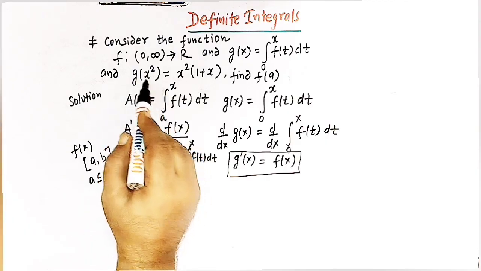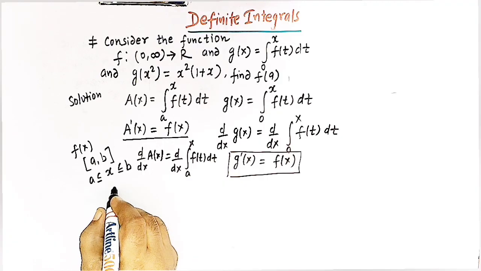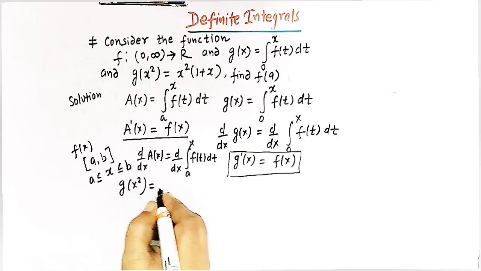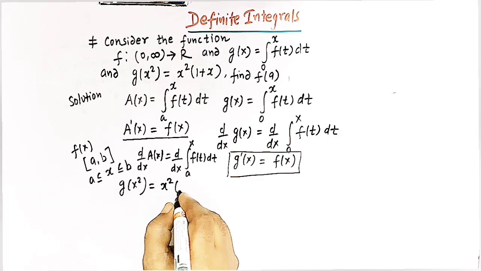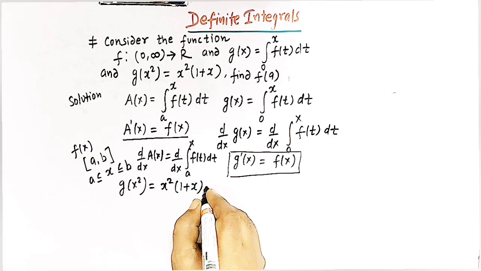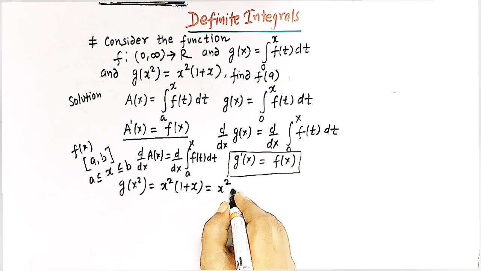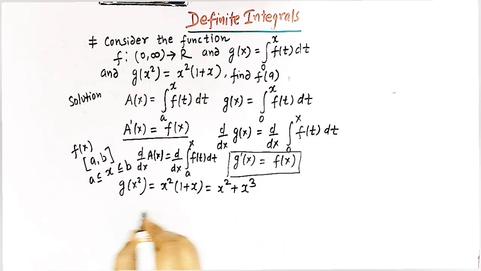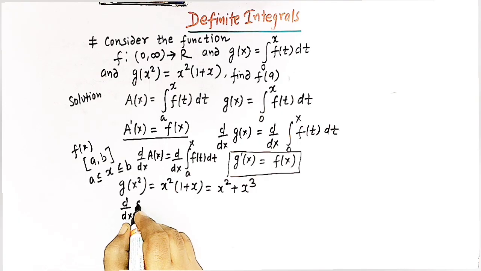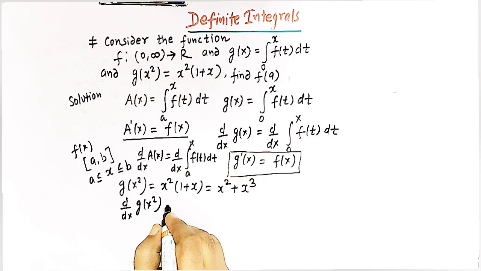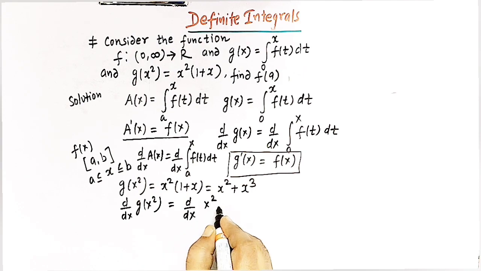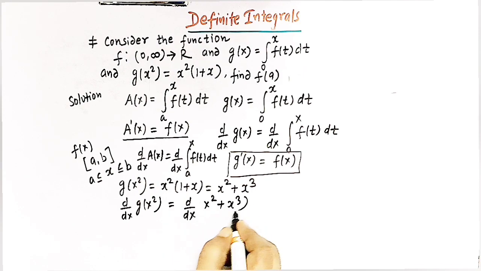Now let us consider this equation, that is g of x square is equal to x square times 1 plus x, which can be written as x square plus x cube. So now differentiating both sides with respect to x, we have d by dx of g of x square, and here we have d by dx of x square plus x cube.